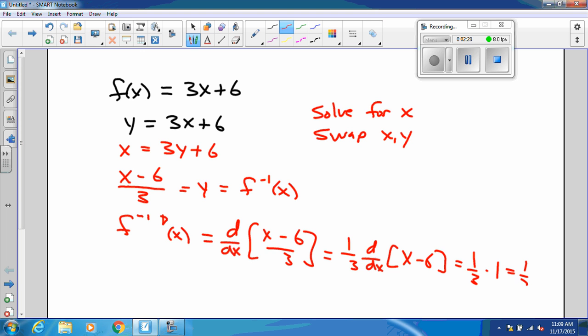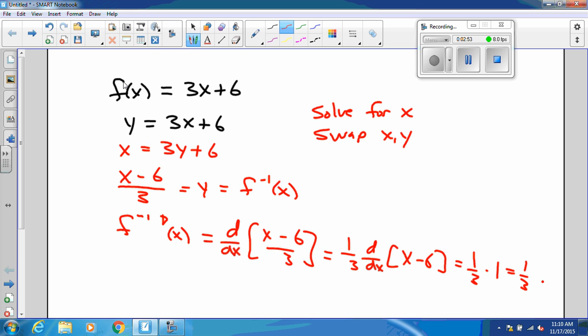And the derivative of x minus 6 is easy. So the derivative of my inverse is equal to 1/3. And we're done. So that takes us up through part 2. Okay?